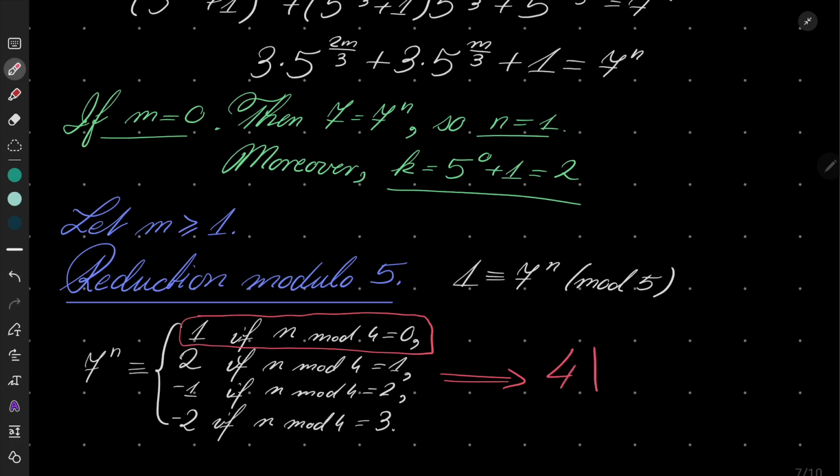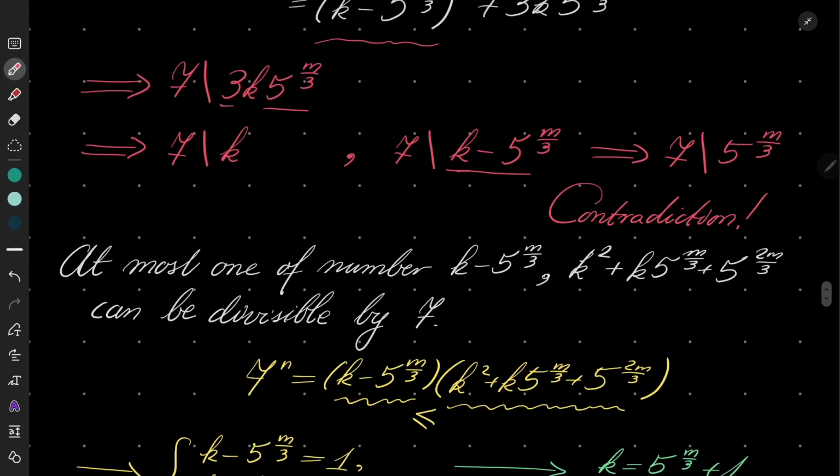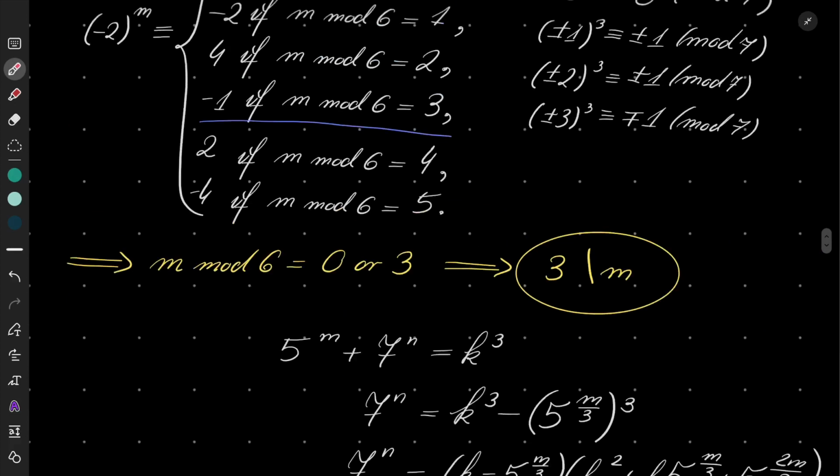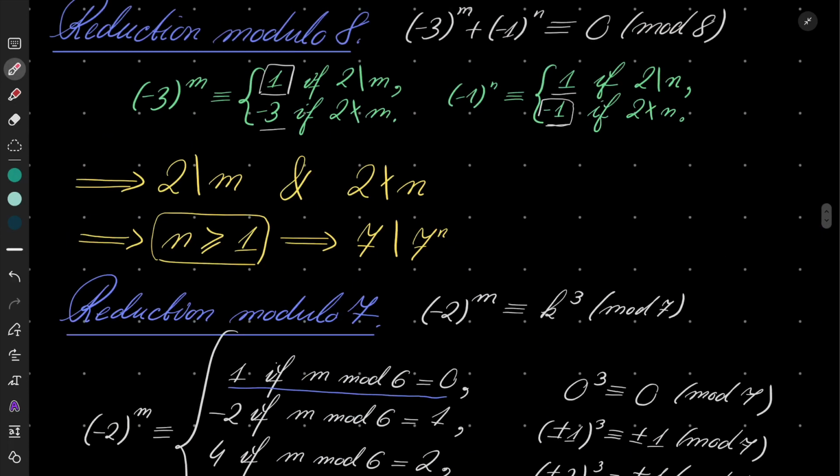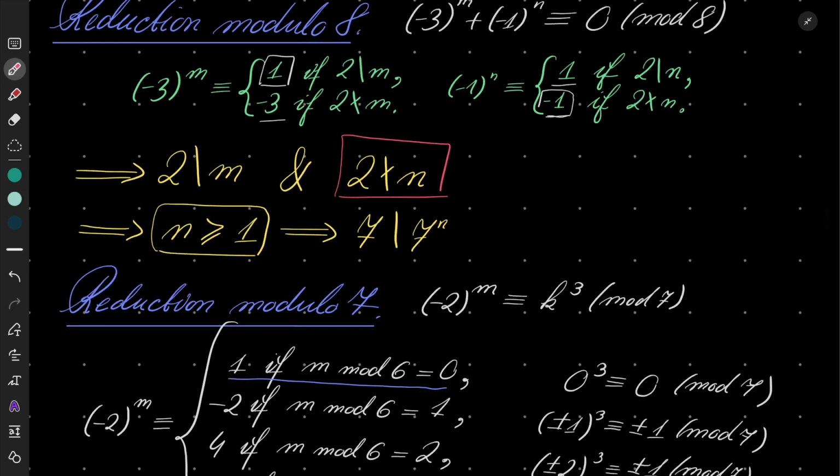4 must divide n. And that is a problem. Why is that a problem? Well, n should be divisible by 4, but if you remember, at the very beginning, we established that n must be odd. No number n can be odd and divisible by 4 at the same time.